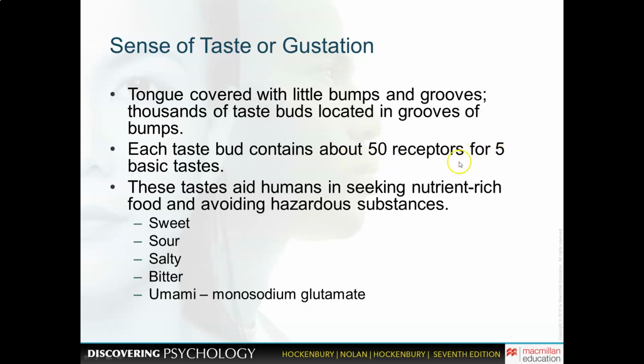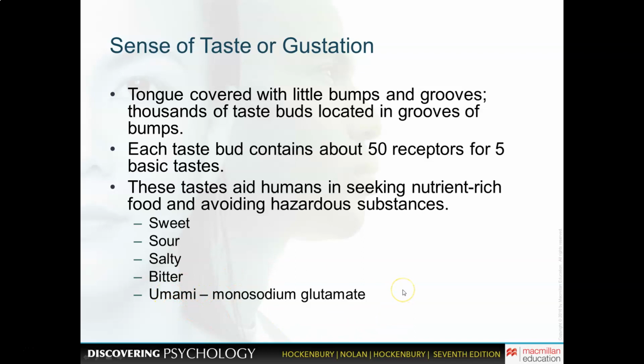We are able to perceive five different basic tastes: sweet, sour, salty, bitter, and what's also called umami. That's actually a Japanese word, but take for instance monosodium glutamate, MSG, chemical-type flavors, that kind of thing.